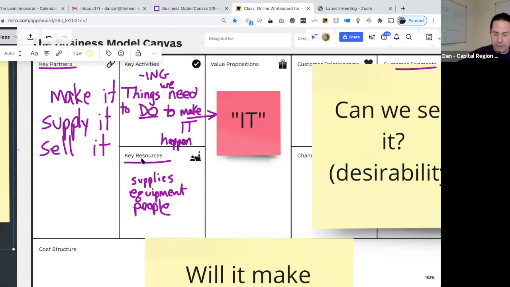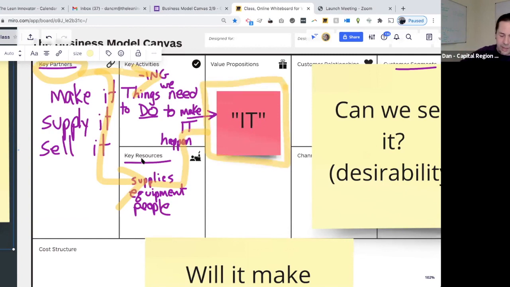So my key partners are helping me do it. They're helping me with my activities. They're also helping me get my resources together so that I can actually create it. So there's that other cycle that we talked about over there, right?